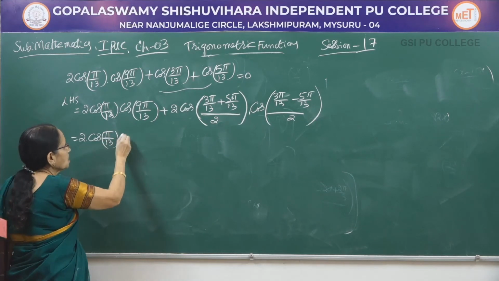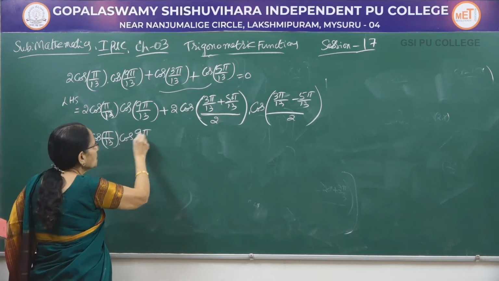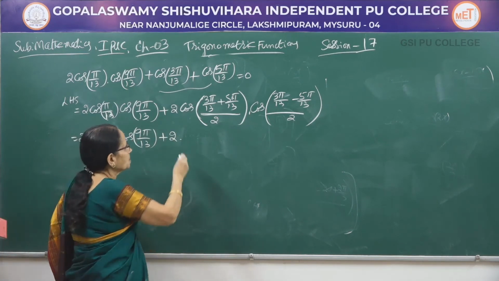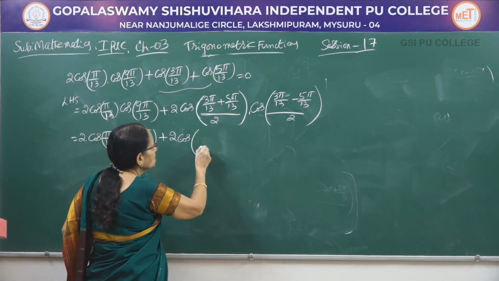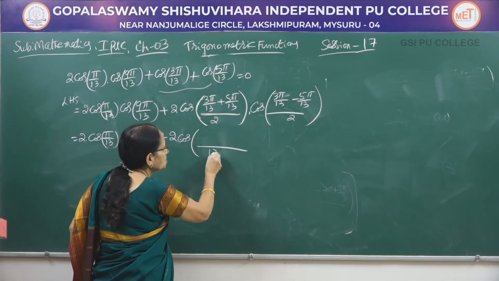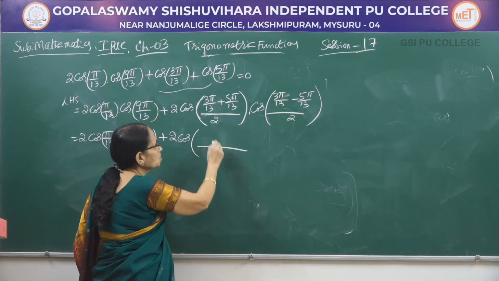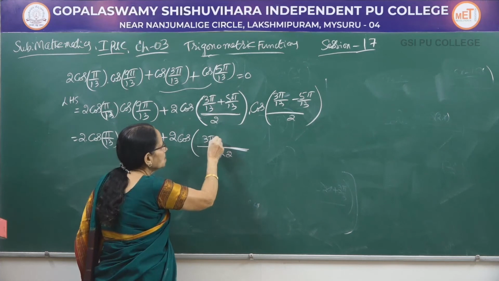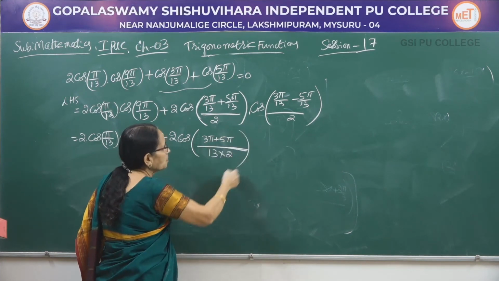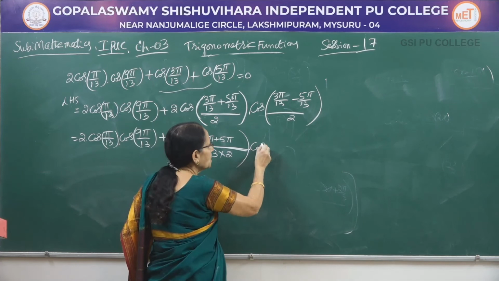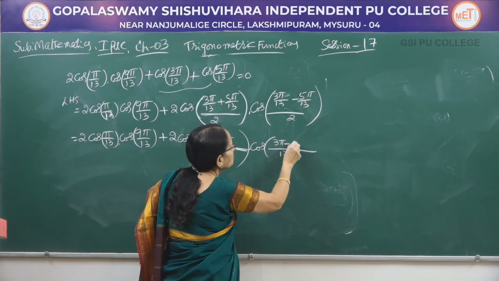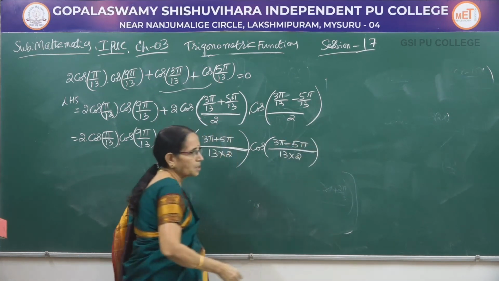Cos pi by 13 into cos 9 pi by 13 plus 2 into, simplify this one, cos of, see, the LCM is 13 for both of them. This 2, it goes to the denominator position. So what is the numerator? 3 pi plus 5 pi. Similarly, you write this 13 is the LCM, 2 is this denominator, it is 3 pi minus 5 pi.